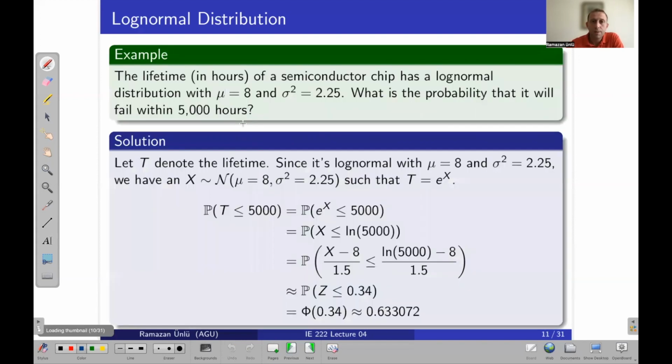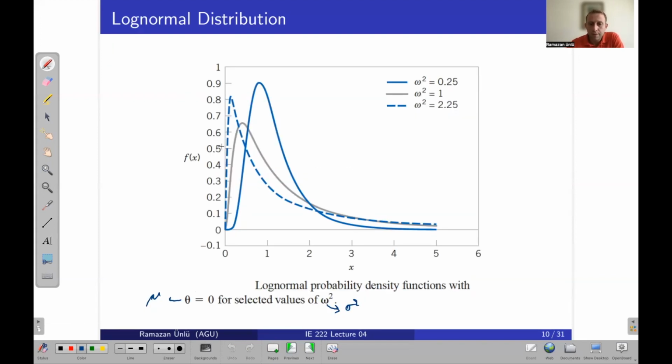But remember that mu and sigma squared are not the expected value and variance of our log normal distribution. In the normal distribution, the given mu and variance are the actual expected value and variance.